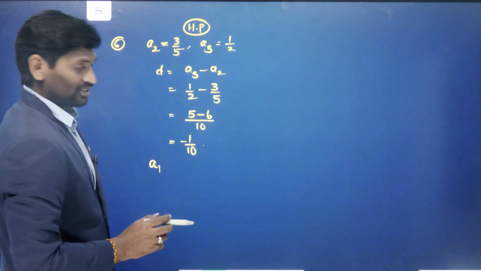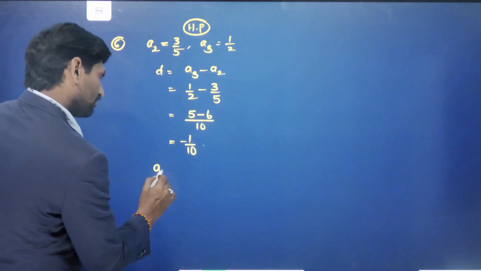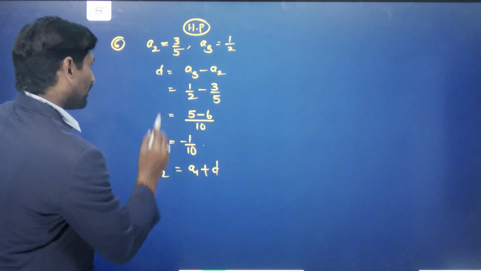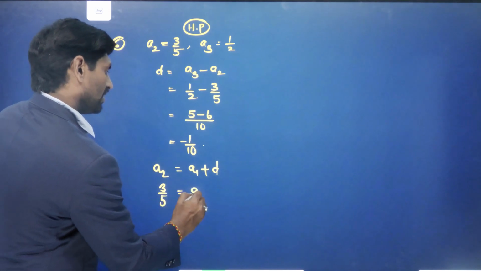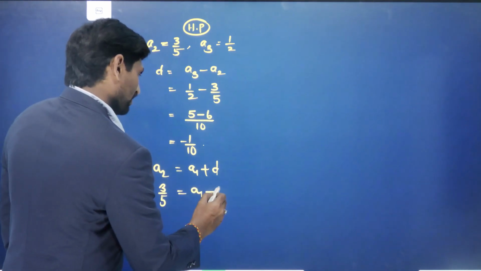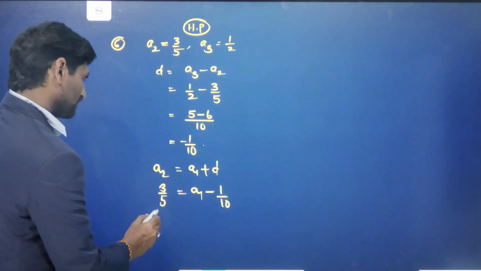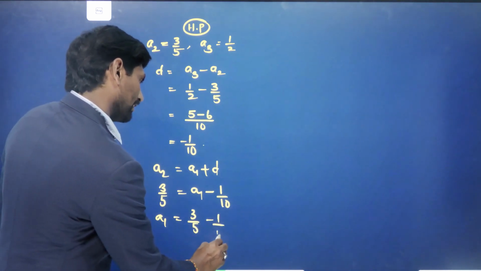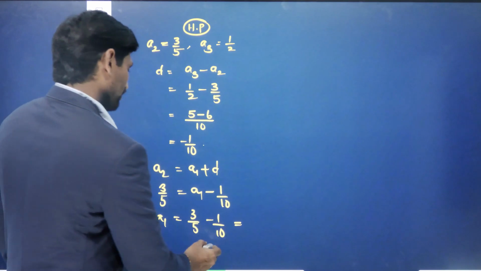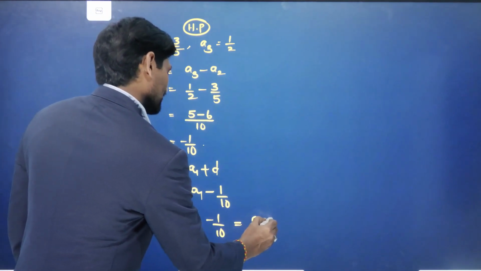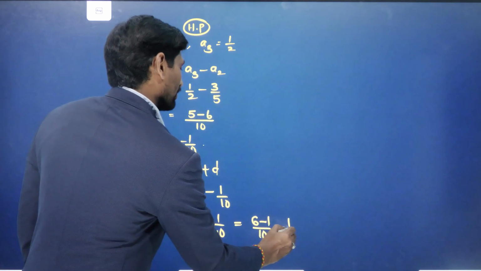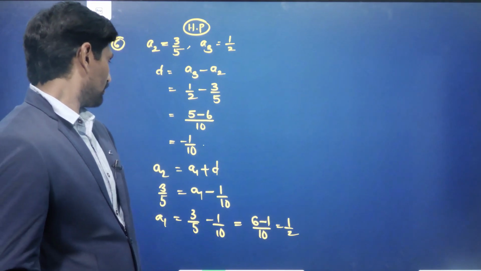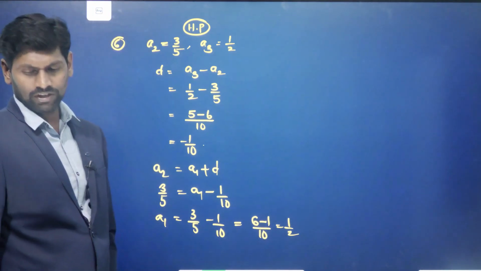A2 is 3 by 5, the common difference is minus 1 by 10, and we should find the first term A1. Bringing it across, A1 equals 3 by 5 plus 1 by 10. Again doing the LCM, it will be 7 by 10. Therefore, the first term is 1 by 2.